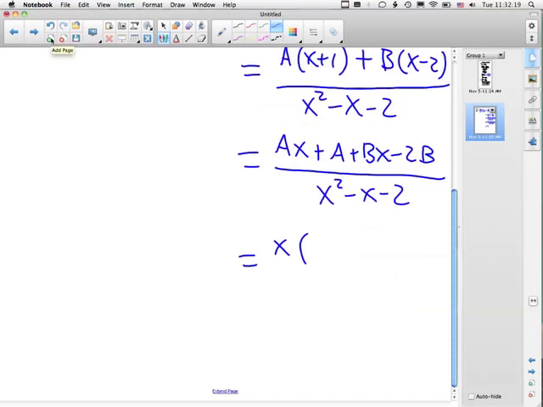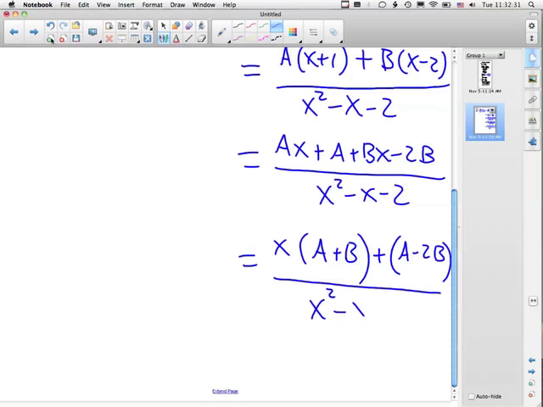So how much x do I have? I have a plus b. And how much constant term do I have? I have a minus 2b. And this was equal to, if you remember, our original 4x plus 1 over x squared minus x minus 2.